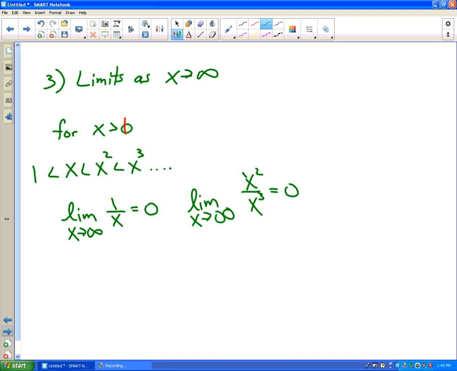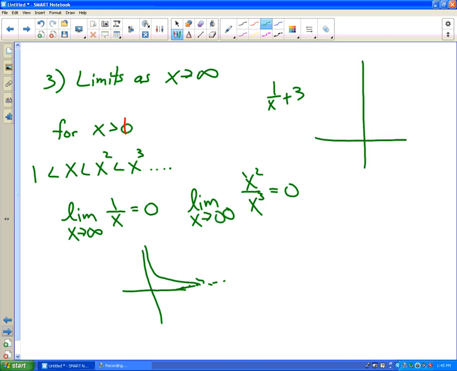Actually, there are a lot of different answers as x approaches infinity. With our reciprocal function, 1 over x, this first one, yeah, y is definitely approaching 0. But if I take that same function, 1 over x, and change it to 1 over x plus 3, remember that plus 3, the effect of that on the function is going to take the whole function and move it up 3.